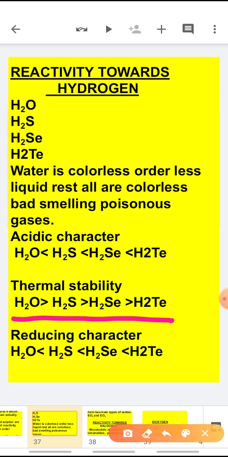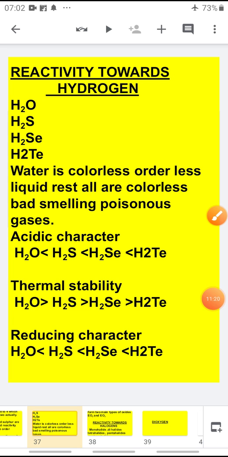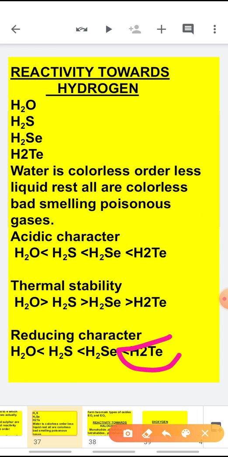The third important thing that we have to discuss with the hydrides of group 16 elements is the reducing character. You can see the reducing character increases down the group. Now what is reduction? In terms of hydrogen, addition of hydrogen is reduction. That substance which can easily give hydrogen will be a better reducing agent. So here the selenium hydride will be the best reducing agent.